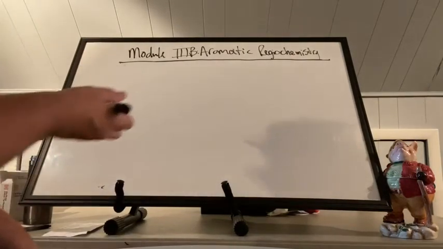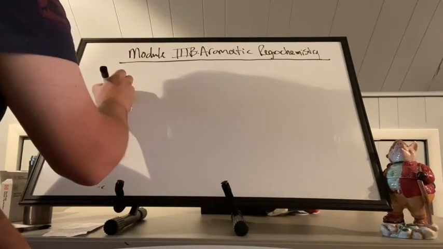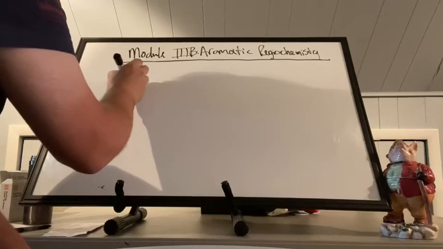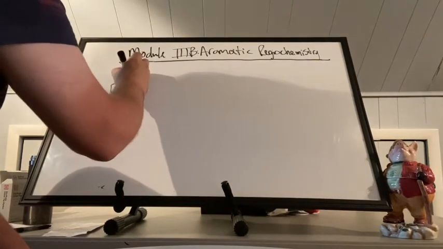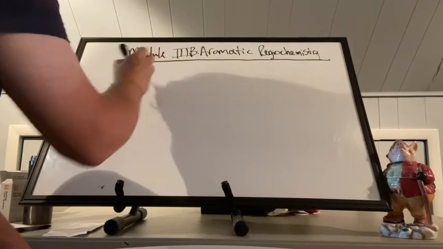Okay, so I'm going to do a generic representation of a sigma complex. Let's say I'm going to put in an electron withdrawing group right here.